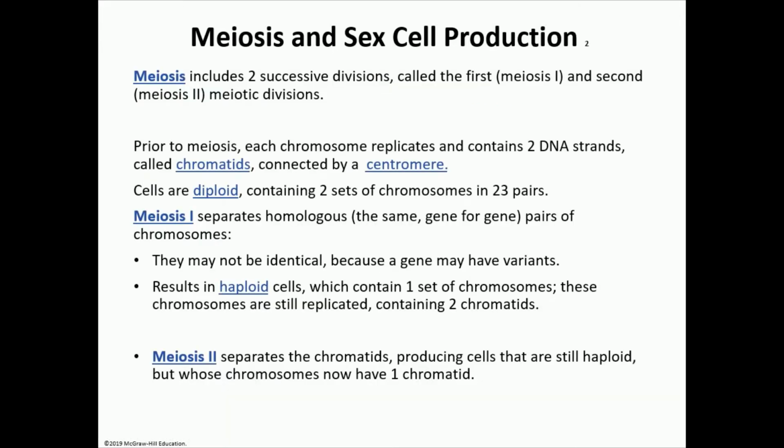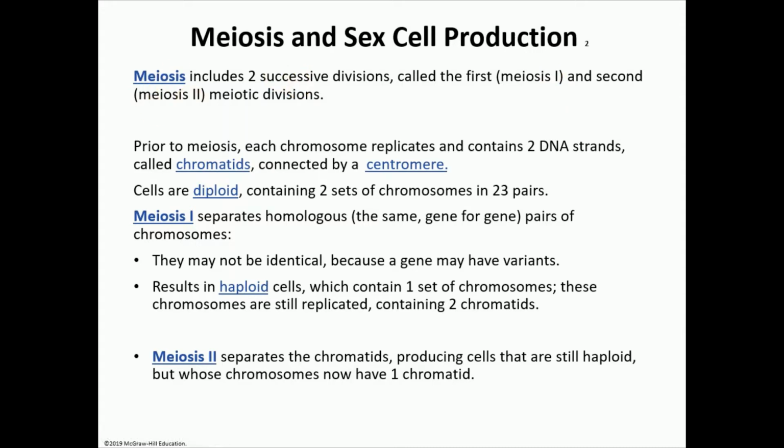Meiosis takes place over a series of 2 divisions. The first division is known as meiosis 1, and then it's followed by meiosis 2.